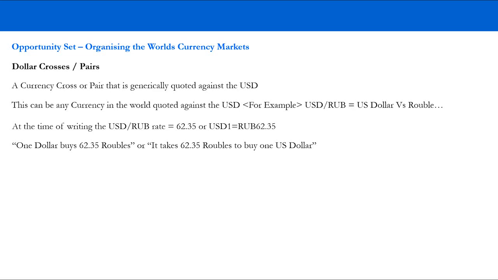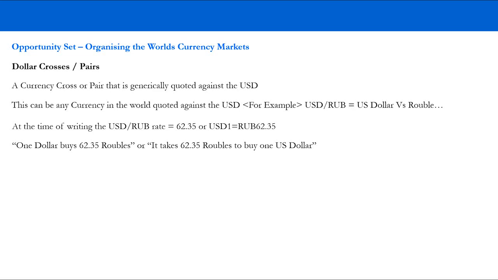Everything tends to get quoted against the big currencies, and the generic one is against the US dollar, because the US dollar is the world's reserve currency. So what you're going to find a lot of the time is everything is quoted against the US dollar, or it's quoted repeatedly against the US dollar, or by default.